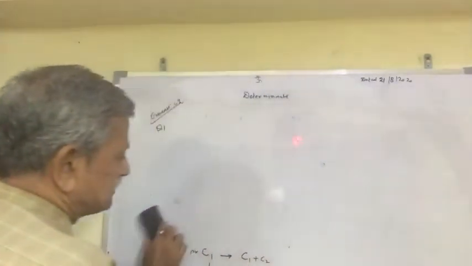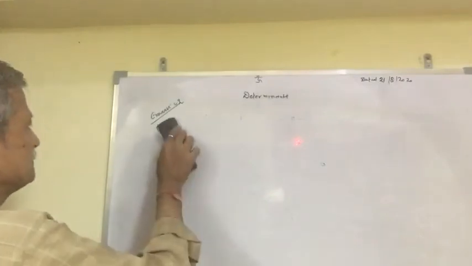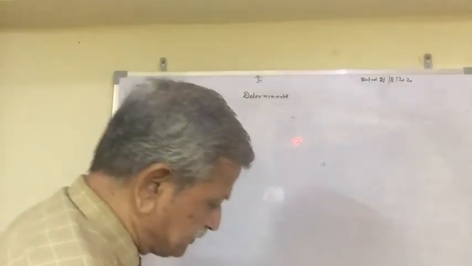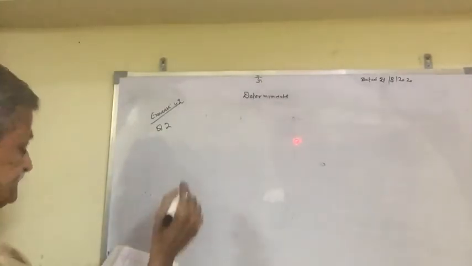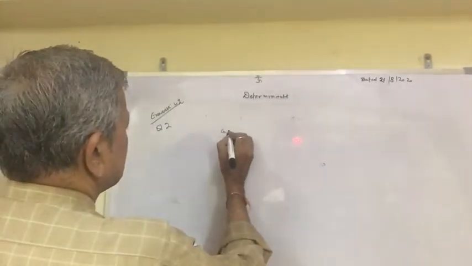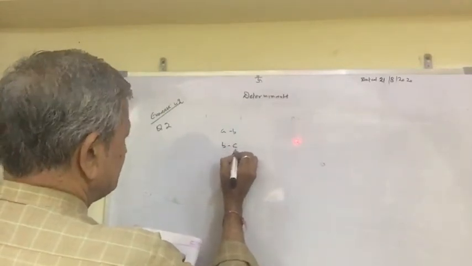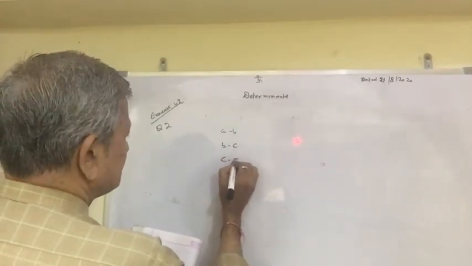Now what is given in question number 2 is a little bit different. See what question number 2 is saying: you have a minus b, b minus c and c minus a.